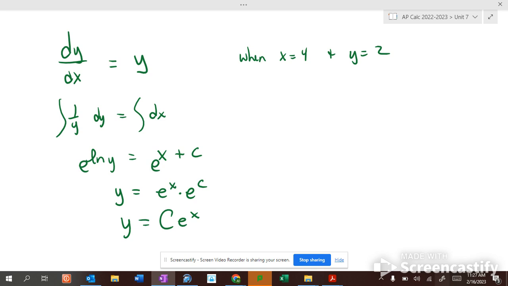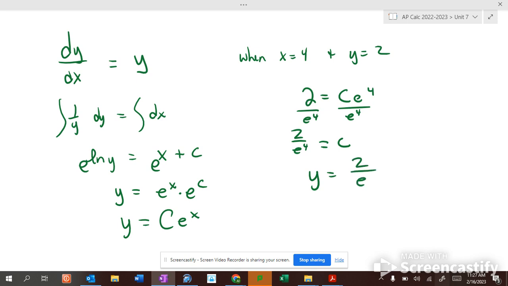So if we plug in our numbers now, 2 equals c e to the 4th, divide by e to the 4th. C equals 2 over e to the 4th. Plug that in for c. So y equals 2 over e to the 4th, e to the x.